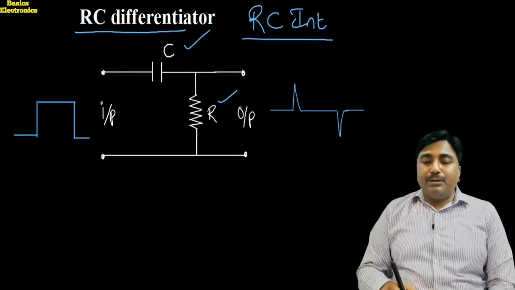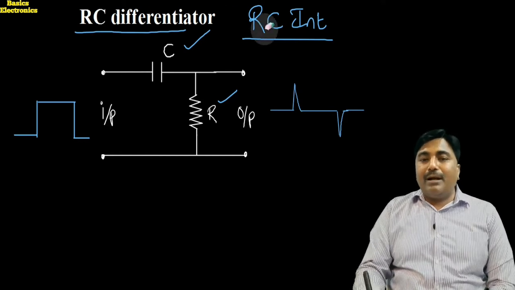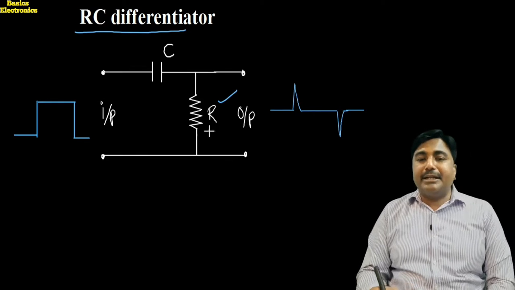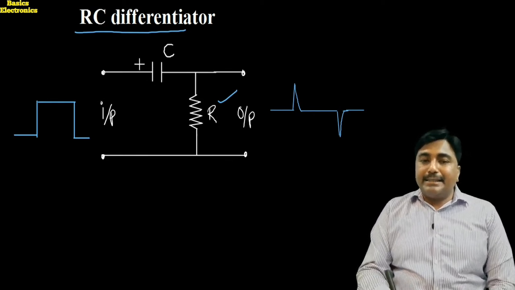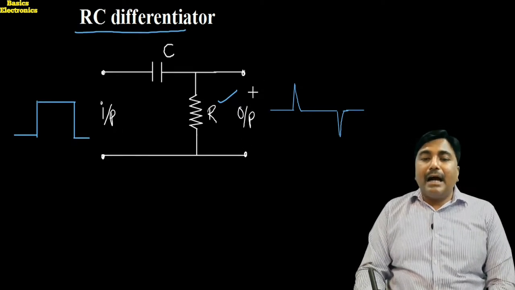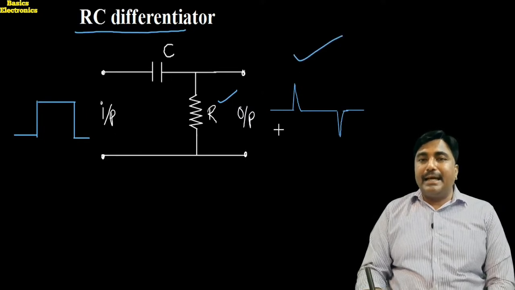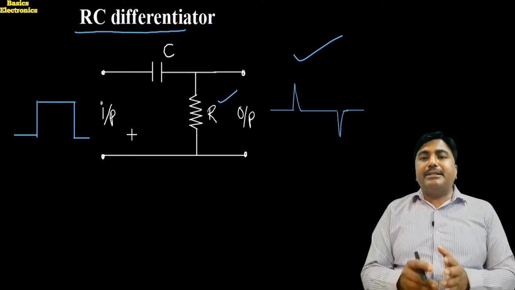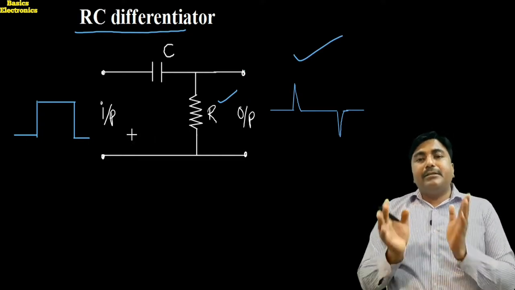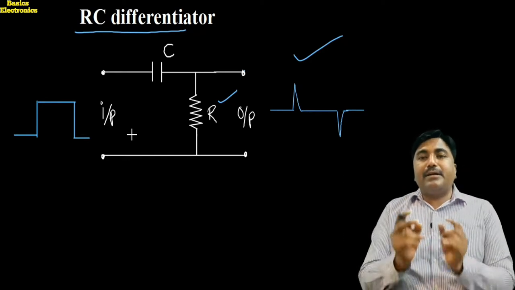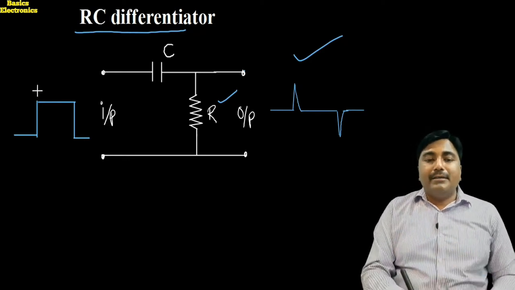The circuit we are using is called the RC differentiator, and in this RC differentiator the capacitor is connected in series with the resistor. Across the resistor we get the output, and that output is like the edges. When the clock pulse is applied, the capacitor is charged exponentially, but the RC time constant is very small compared to the clock pulse.